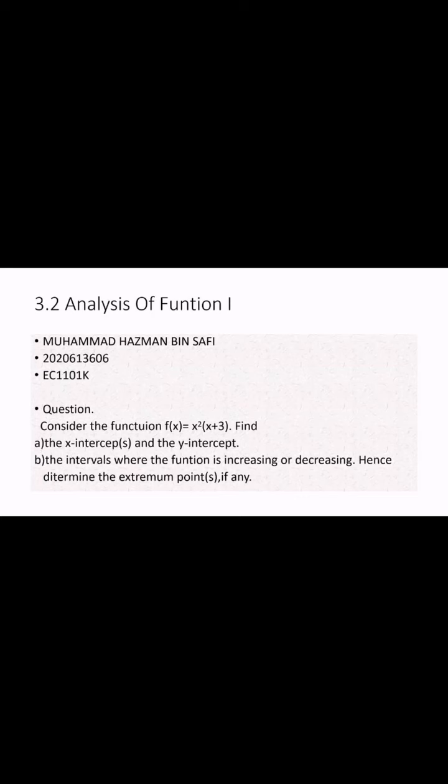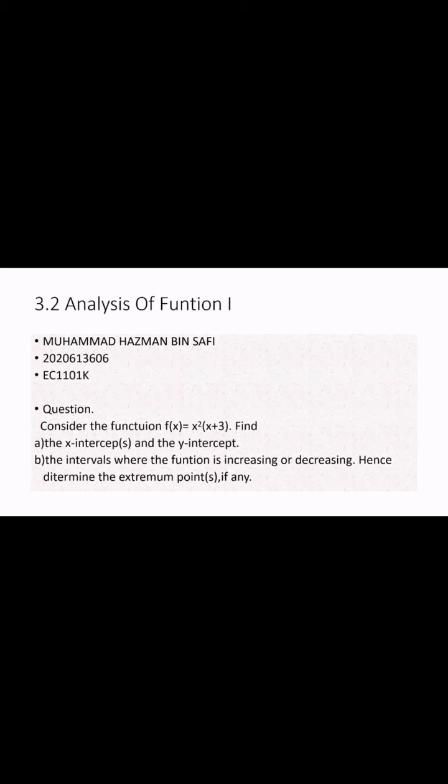Today I will present subtopic 3.1, analysis of function 1. For question 1, consider the function f(x) = x²(x + 3).